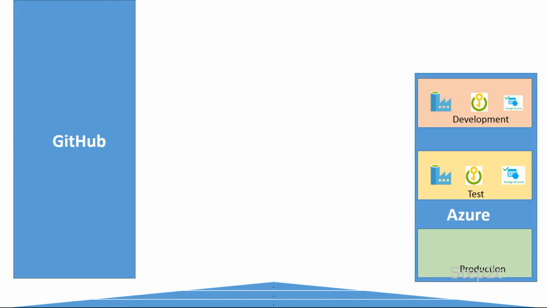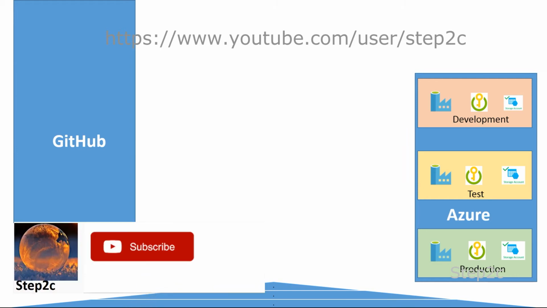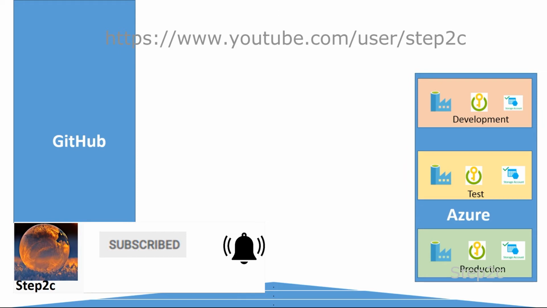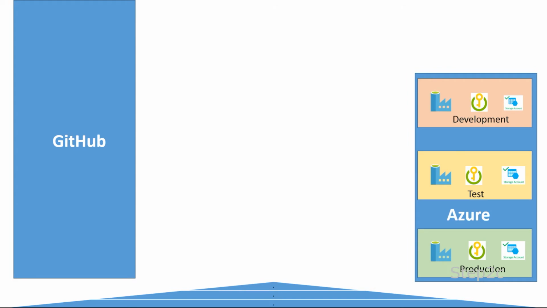Similarly, in test environment also, we will have Data Factory, storage account, and Key Vault. Also, we will maintain the same configuration in production environment: Data Factory, storage account, Key Vault. But for each environment, we will have a different storage account, different Data Factory, different Key Vault.